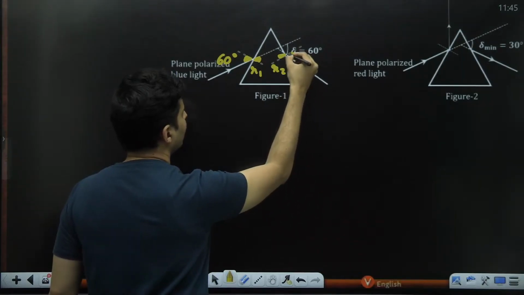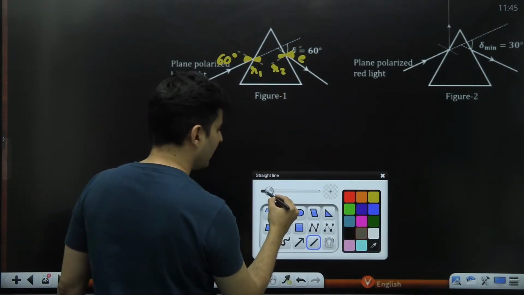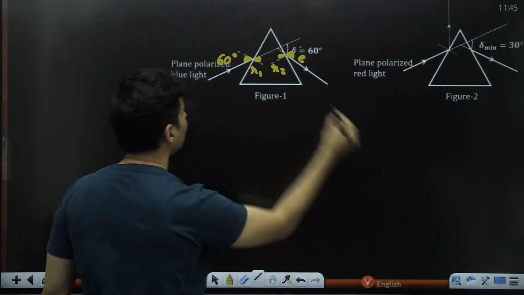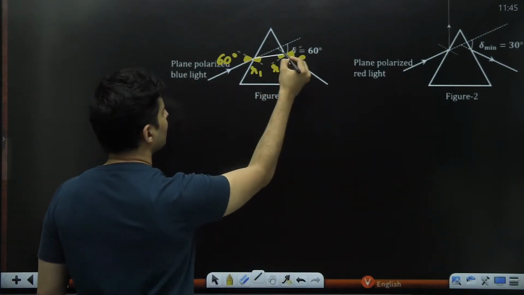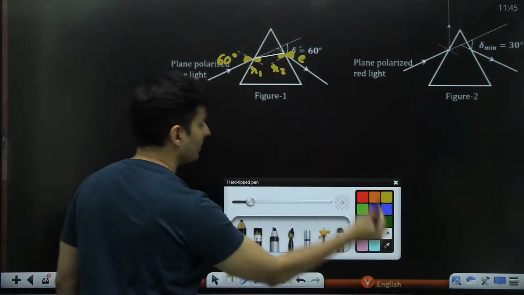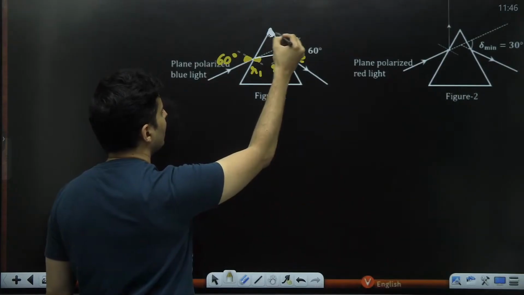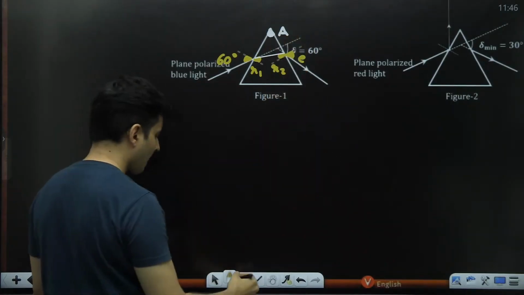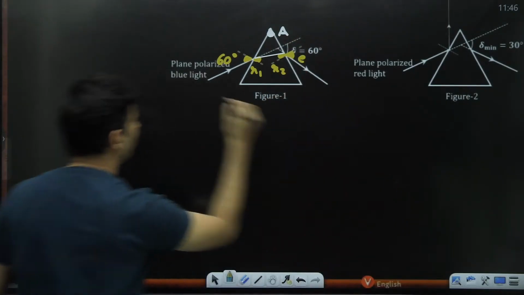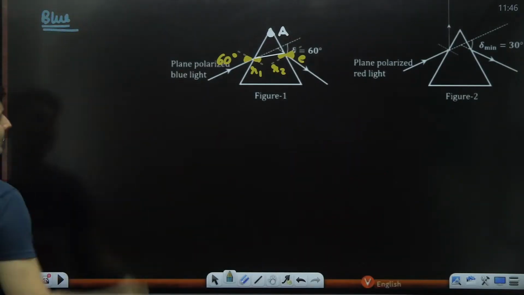And finally, there will be an emergent angle right over here, which will be E. In between, the light will go inside, maybe like this. And of course, this particular angle will be the angle of prism. So let's only solve for the blue light right now.